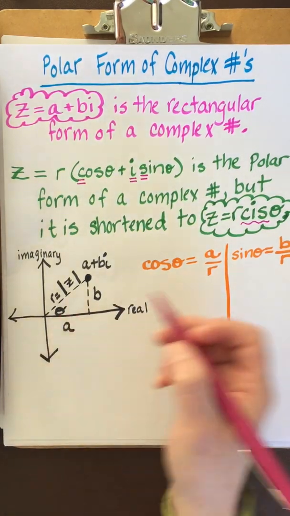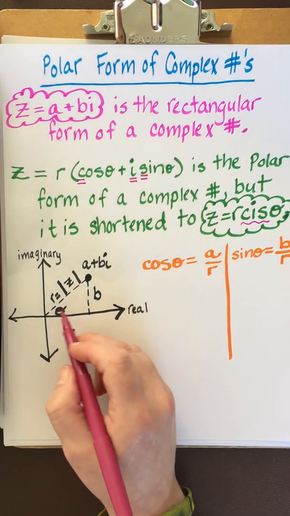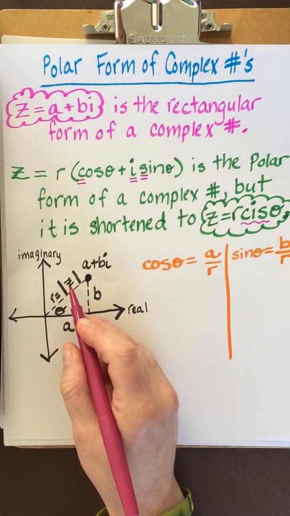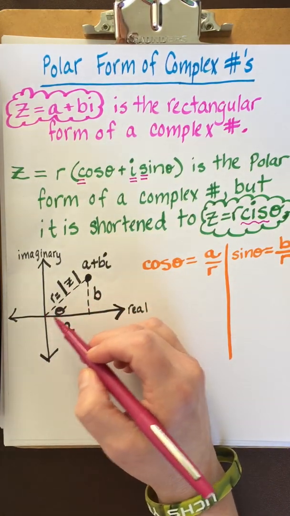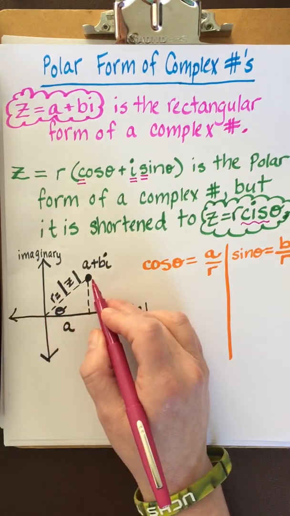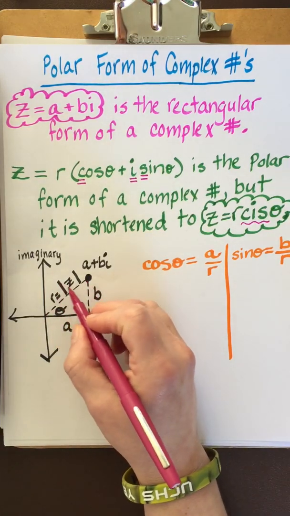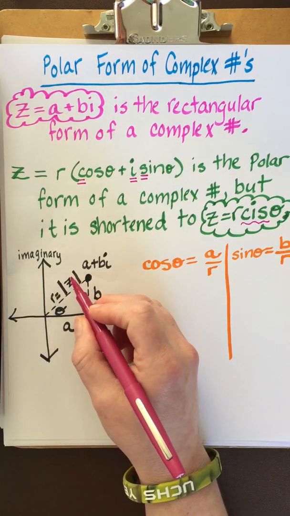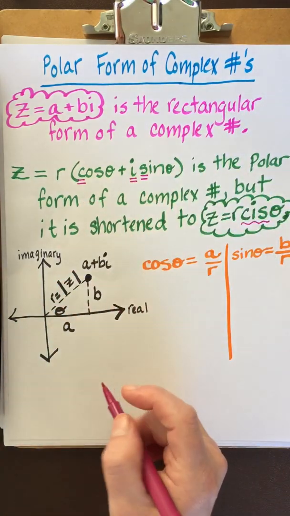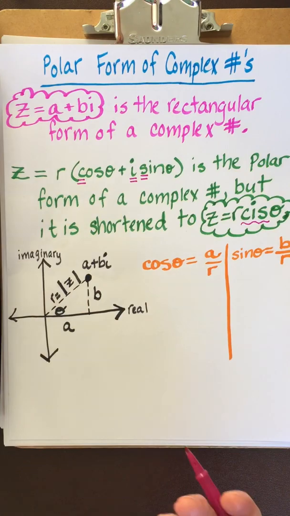So if I wanted to know what the cosine of theta is, we know that cosine is adjacent over hypotenuse. And in this case, remember from the previous lesson that the distance from the origin to a complex number is its modulus. So this would be the modulus of the complex number. But for these polar coordinates in the polar form, we're going to call it r for radius.